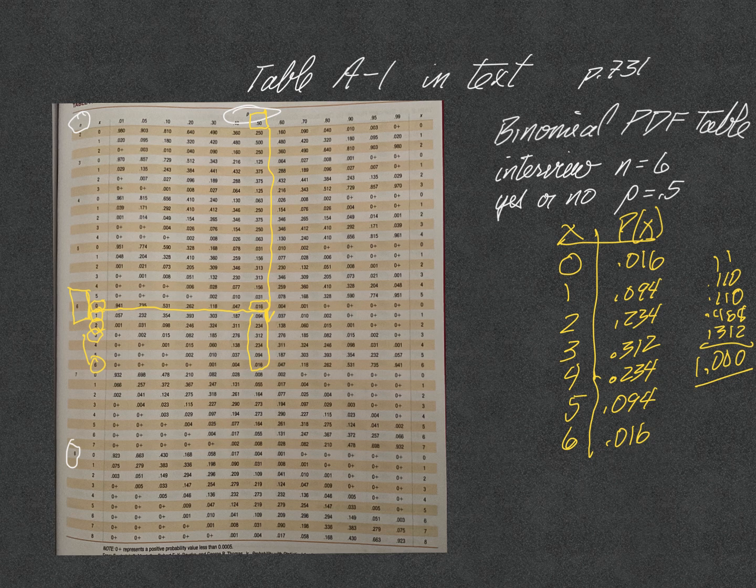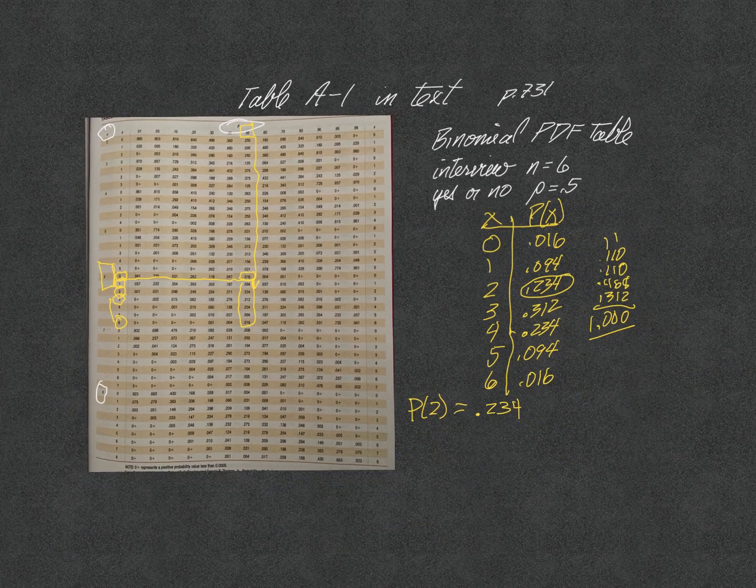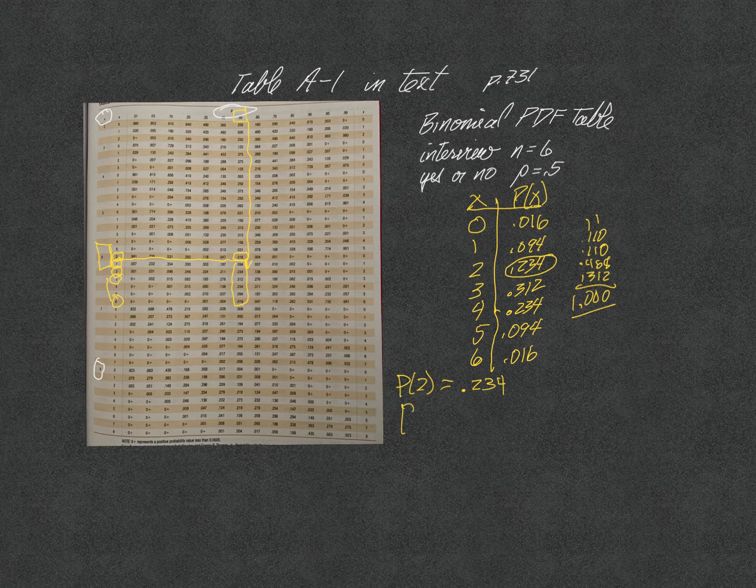And if I want to find the probability that exactly two people shot a gun, I can find that probability, and it's equal to 0.234. Okay? If I want to find the probability that from 2 to 4 people shot a gun, that would equal all 3 of these.